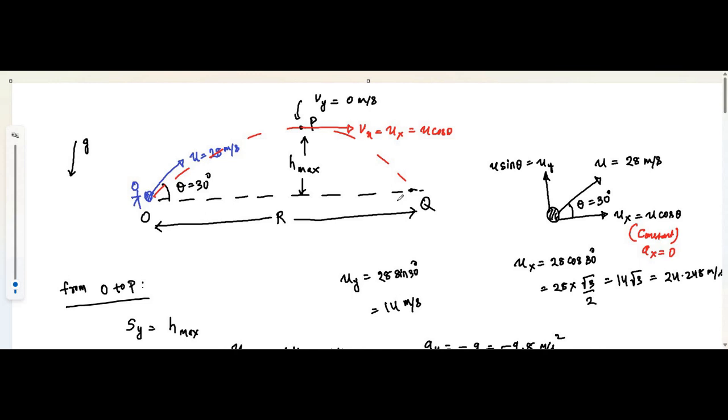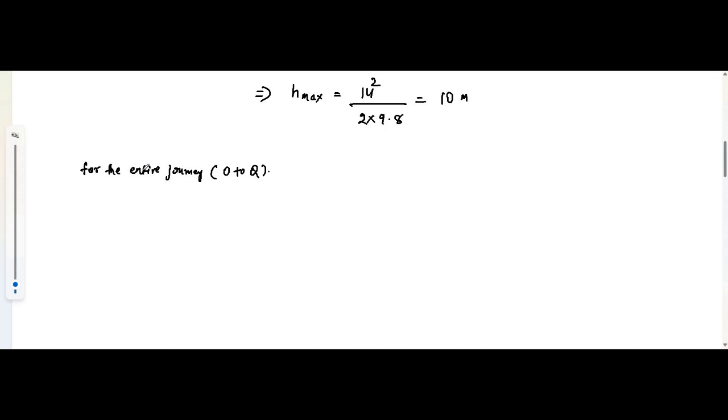So net vertical displacement for the entire journey from O to Q is equal to 0 meter, yes.